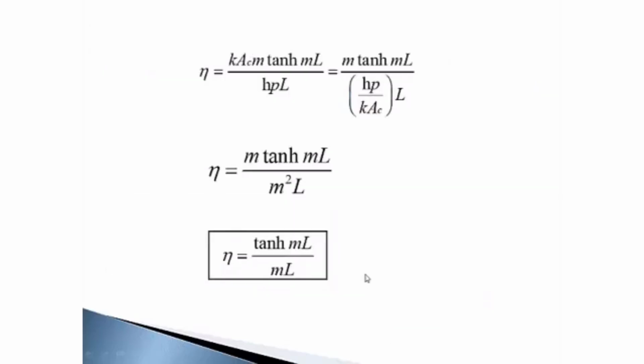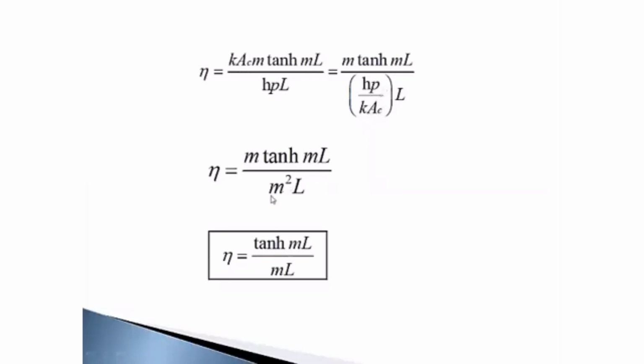Now we reduce that kAc m tanh(mL) by hPL theta 0. Taking Ac down, you get m tanh(mL) divided by hP by kAc times L. You know hP by kAc is m squared, because m is the root of hP by kAc.